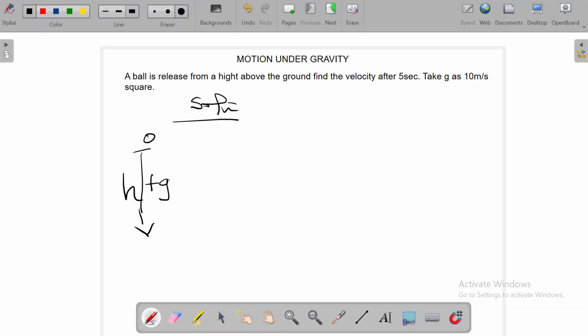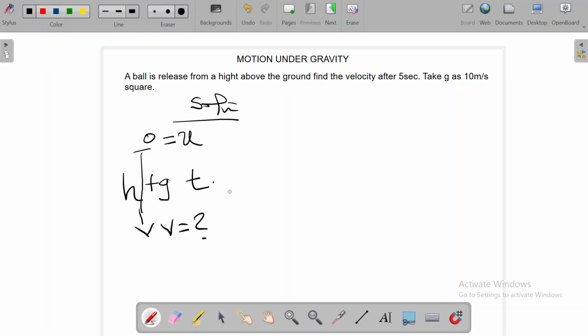If the ball is falling from a height above the ground, I will take this as positive g. And what should be my initial velocity? This is the starting point, so my initial velocity will be 0, and the ball will hit the ground with a velocity which we do not know. The ball needs to move with time.